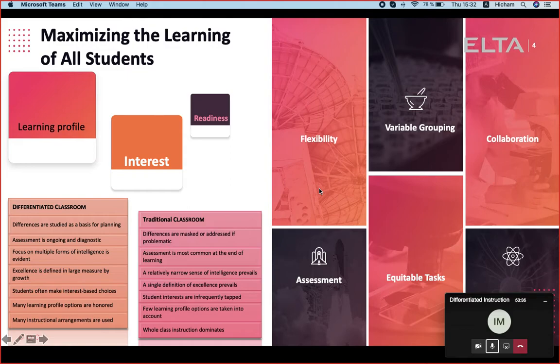So here it covers lots of points, not only one. It covers at the very beginning the learning goals, the understanding, the time and the materials, and the modes of instruction, as well as the ways the teacher is grouping the students.